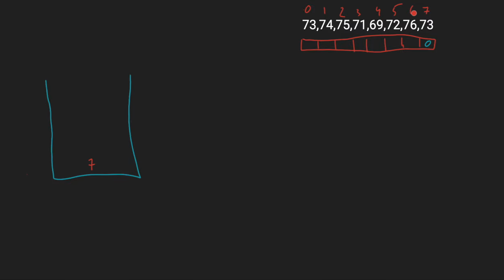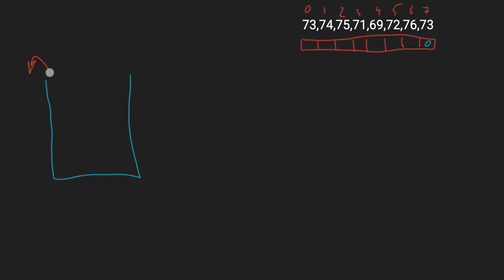Let's go to the next day. The next day is 76. We are adding 6 to our stack, but before adding that, our stack should be monotonically decreasing. 76 is more than 73, so we need to take this 7 out of our stack and add our 6 here.